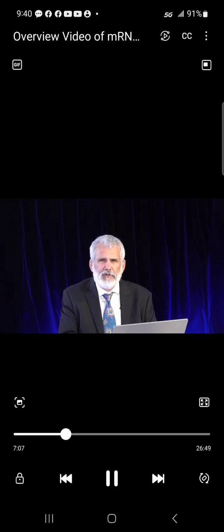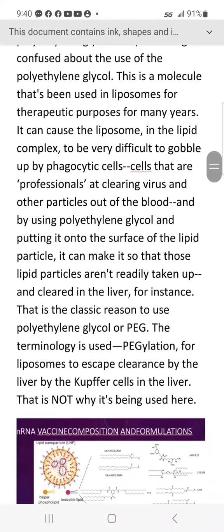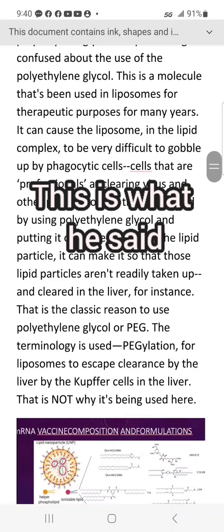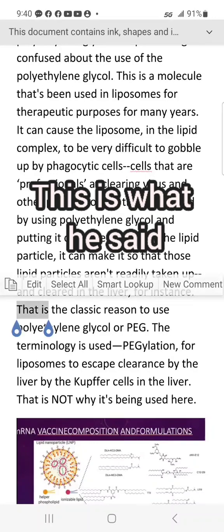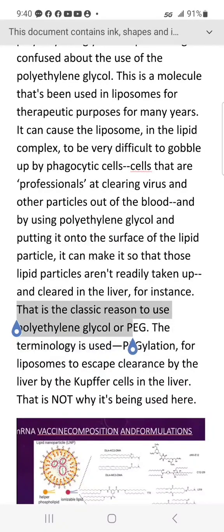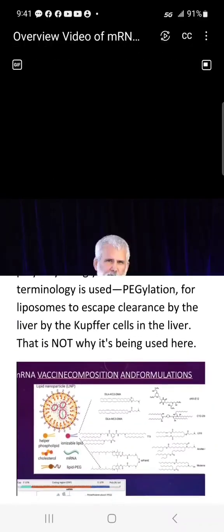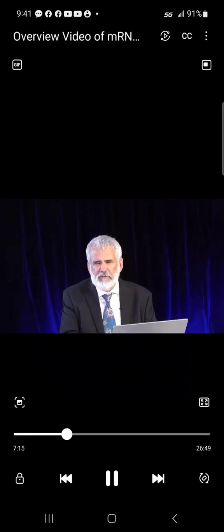The terminology used is pegylation, for liposomes, to escape uptake by the Kupffer cells in the liver. That is not why it's being used here.